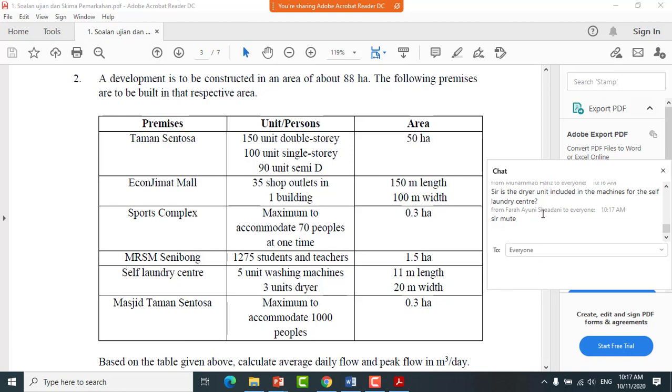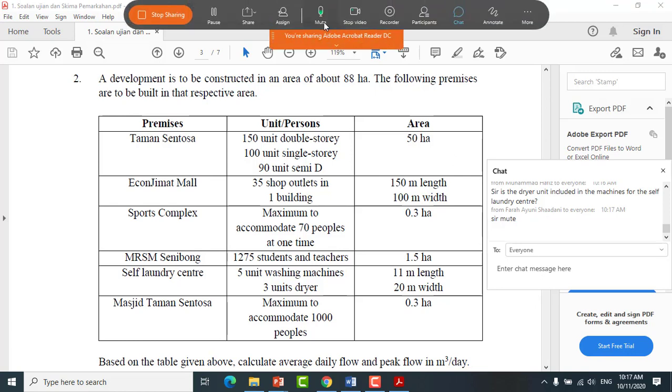Oh, I was muted, sorry. So regarding the washing machine, for the self laundry center there is a trick. You have 5 units washing machine and 3 units dryer. Which one uses water?